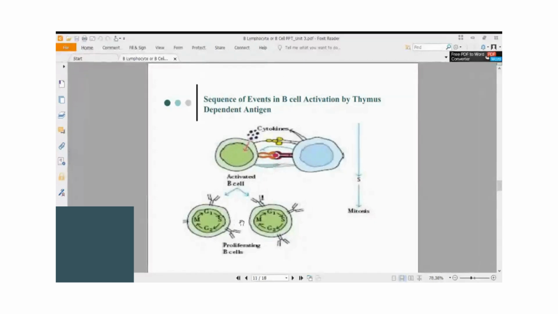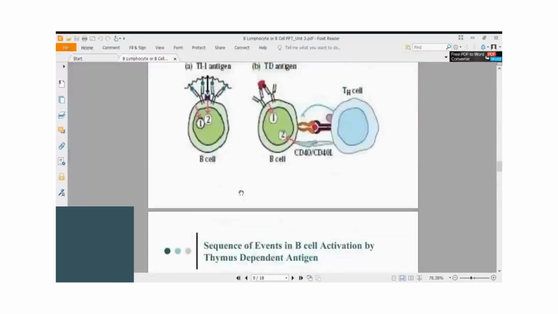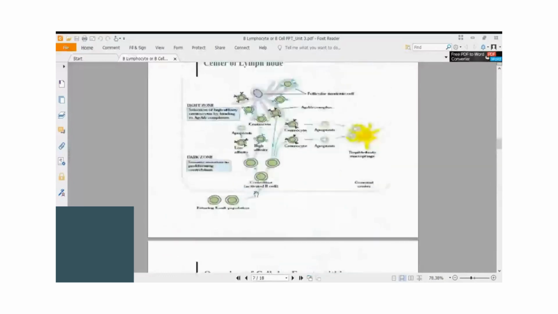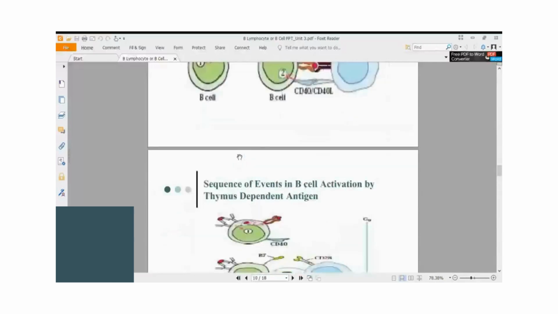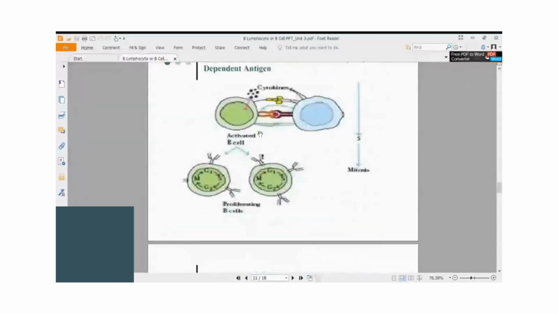In such case, those B lymphocytes are going to be eliminated, which has been shown in this diagram. Apoptosis, low affinity, low affinity. Okay, and this stage of B lymphocyte which undergoes proliferation is called the centroblast stage. Centroblast. I told you blast is supposed to be for proliferation.